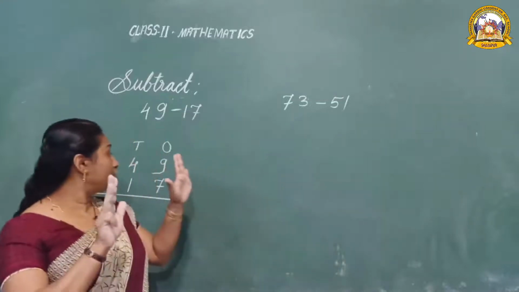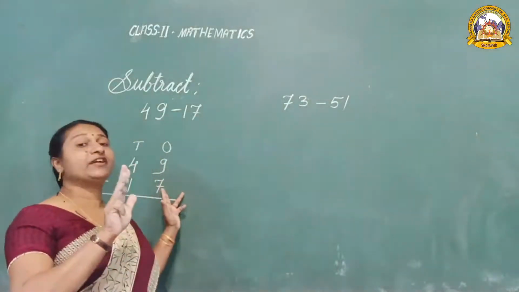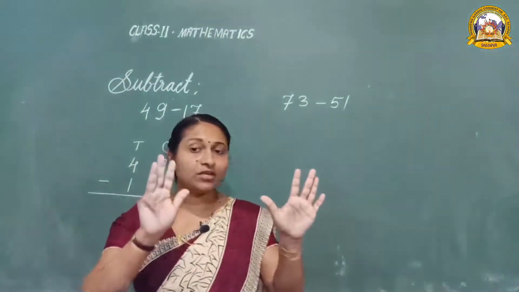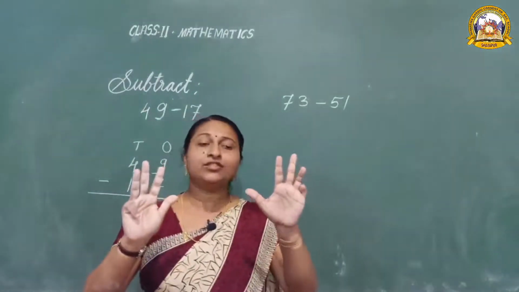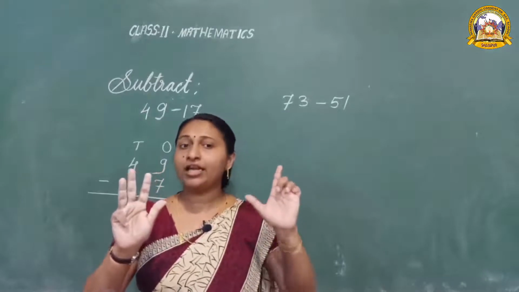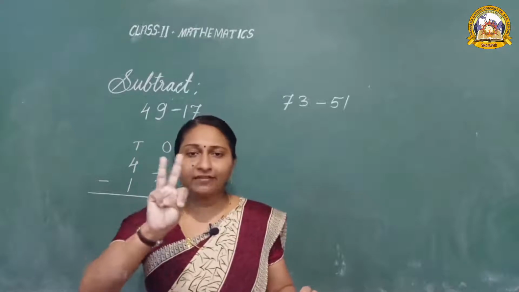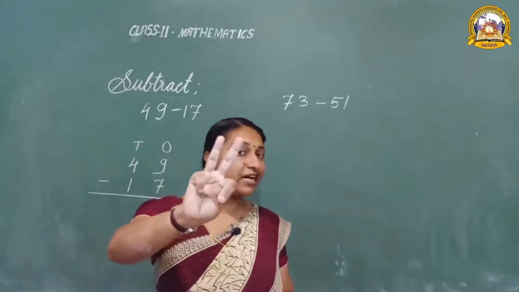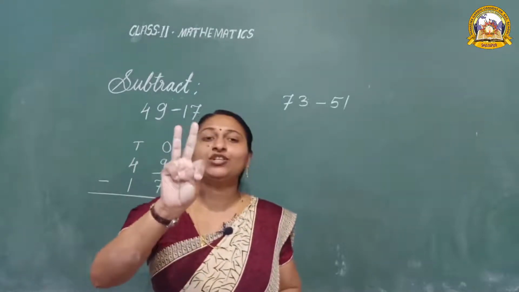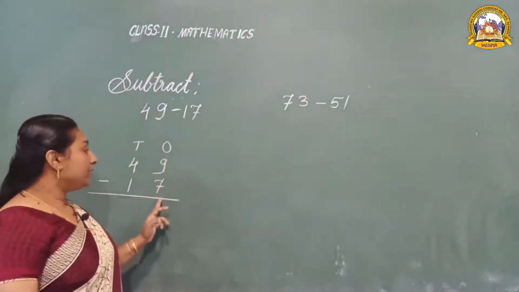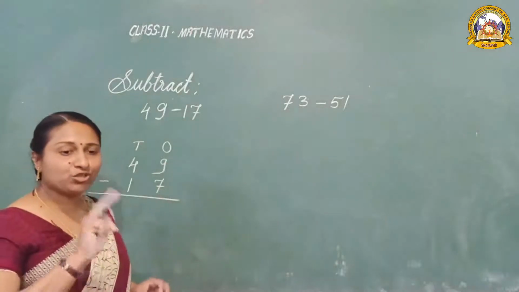Here we have to subtract 7 fingers from them. Look. 1, 2, 3, 4, 5, 6, 7. How many fingers are left there? Yes, 2 fingers. Means 9 minus 7 is 2.